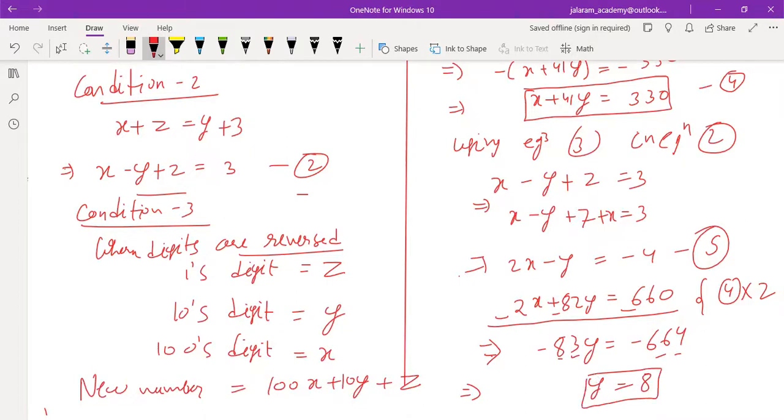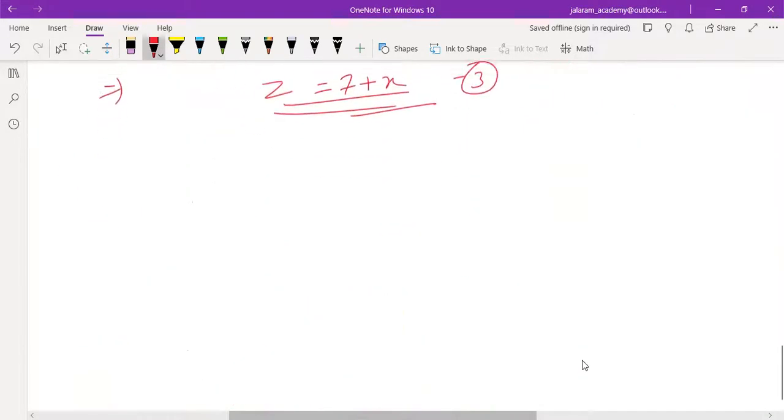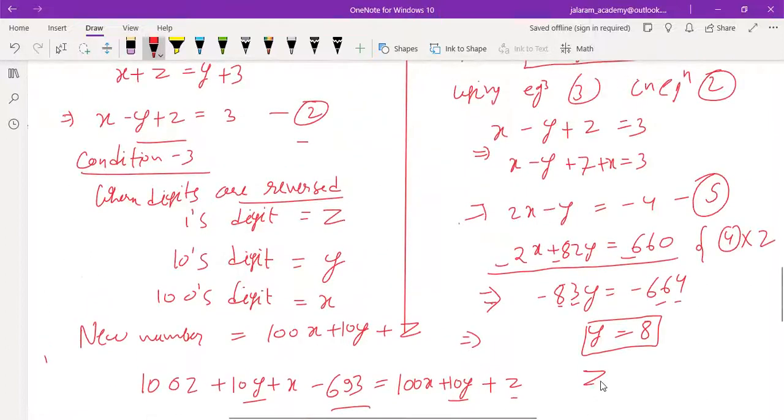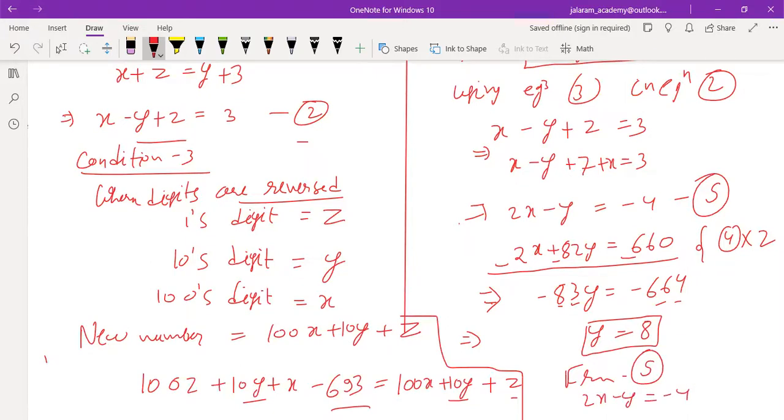And at the same time, we know that from equation number 3, z equals 7 plus x. Okay, we know only y. So first we have to find x by using equation number 4 or 5. 5 is easier. So from 5, 2x minus y equals minus 4.